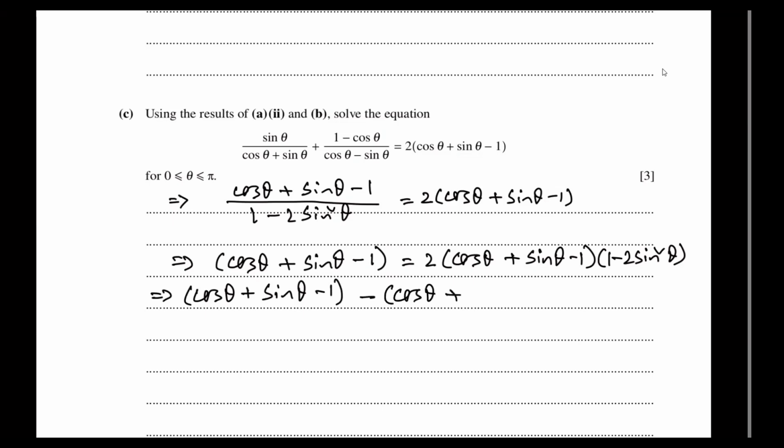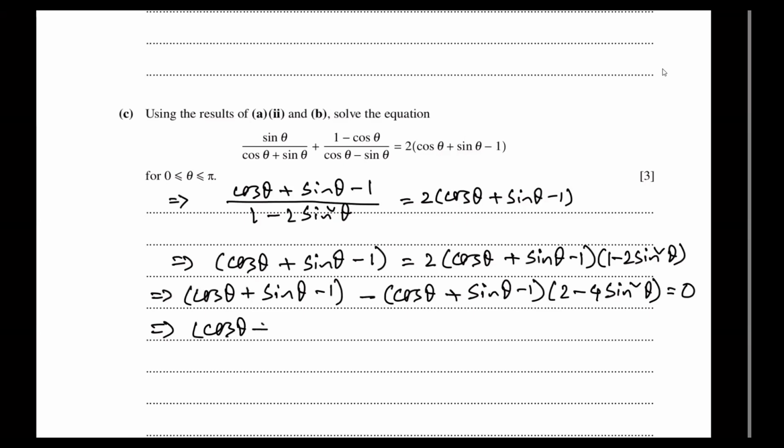Let's multiply this 2 with the second one, 1 minus 2 sin squared theta, so that it becomes 2 minus 4 sin squared theta, equal to 0. So now we can take cos theta plus sin theta minus 1 common from these two terms.